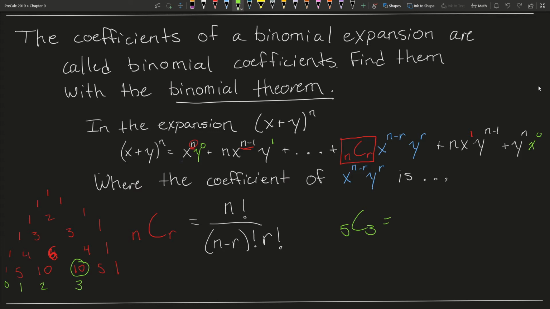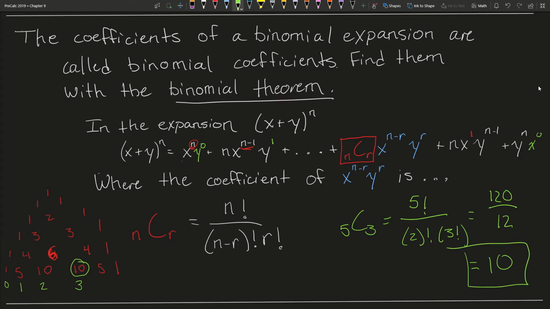So then this ends up being 5 factorial over 2 factorial times 3 factorial, which is 120 divided by 12, which is equal to 10.